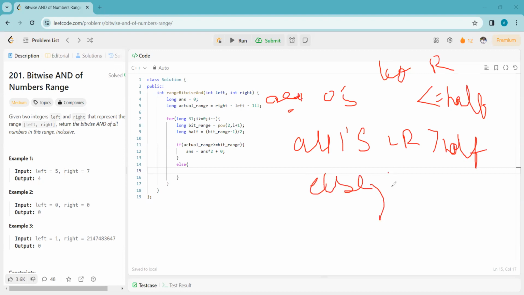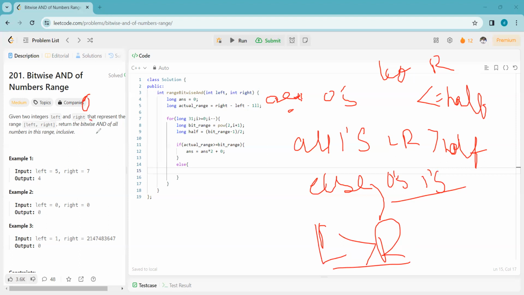Or in one scenario we have seen, left is greater than right. In that case also, our pattern is some zeros, some ones, and after that again some zeros. Still, it will contain some zeros, some ones. So 4 cases.